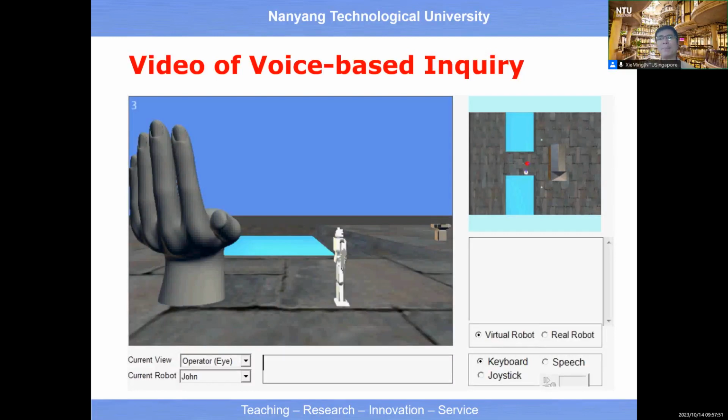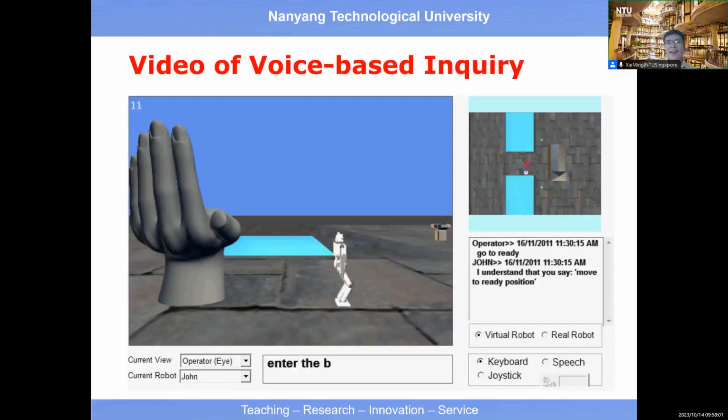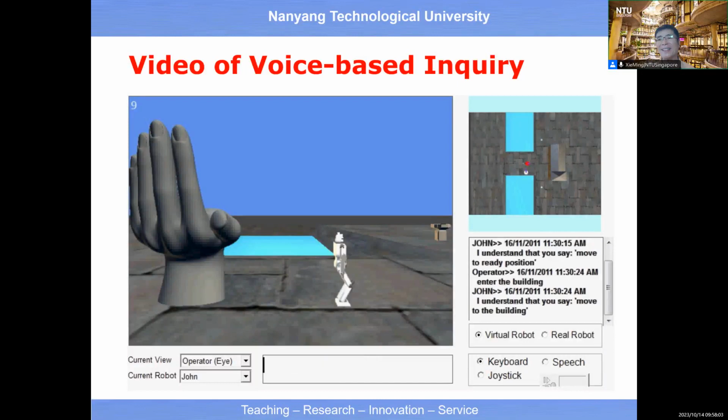All right. You see, there's a virtual robot there. Then through there's a communication robot user. Live from the way you see. This is live from the robot.